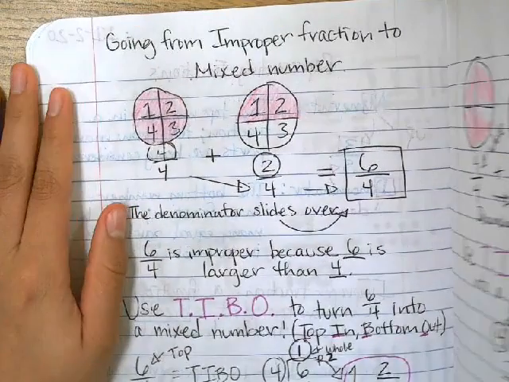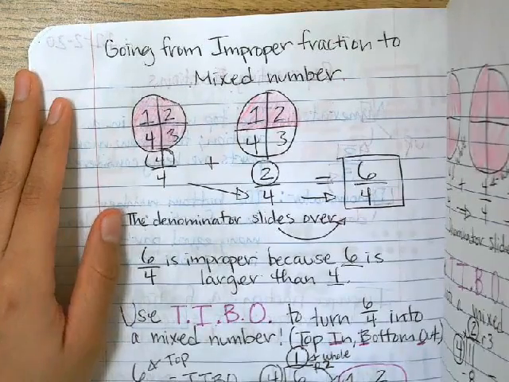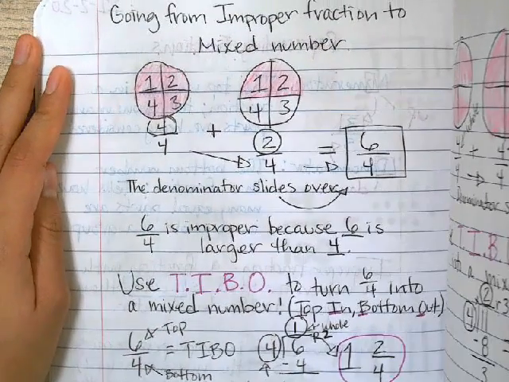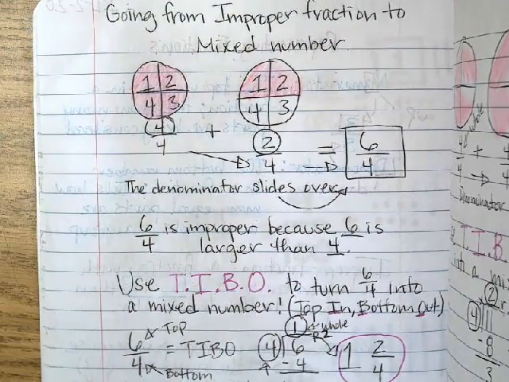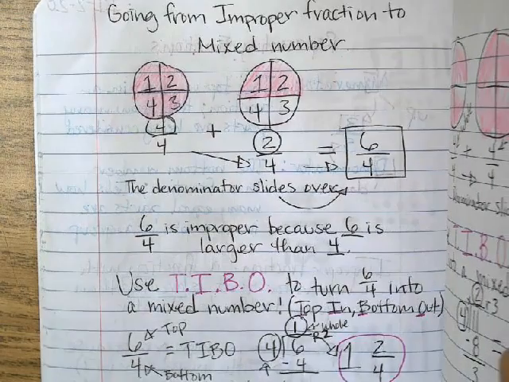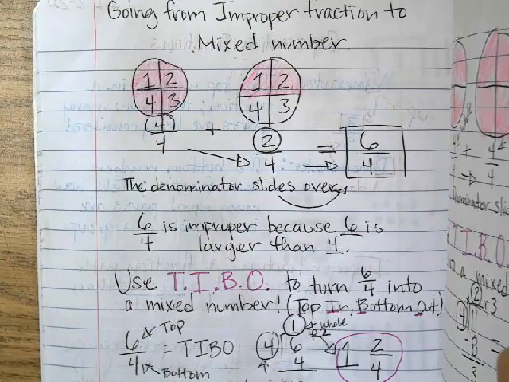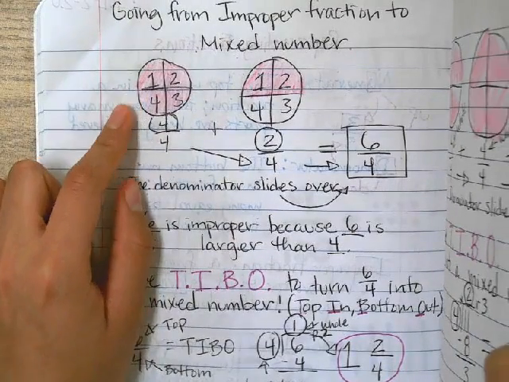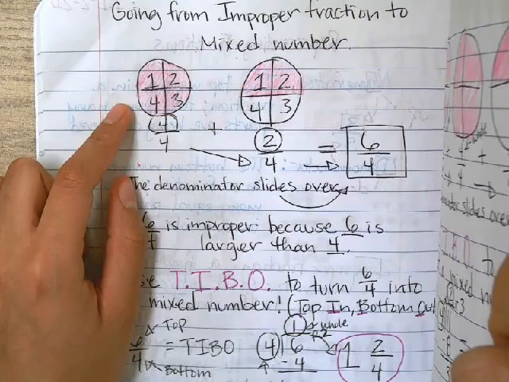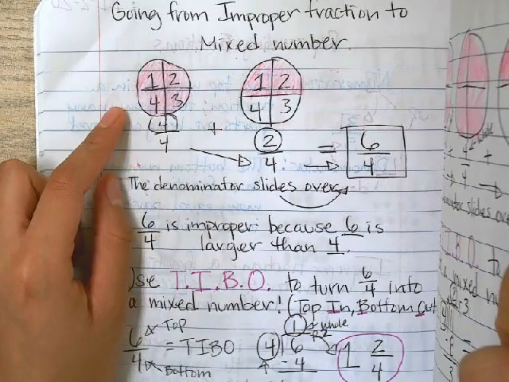And then we have going from an improper fraction to a mixed number. So we have the two pie charts here, or fractions. We have 1, 2, 3, 4. We numbered them.